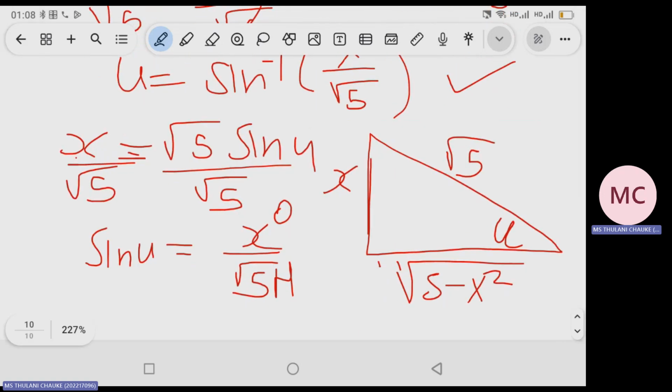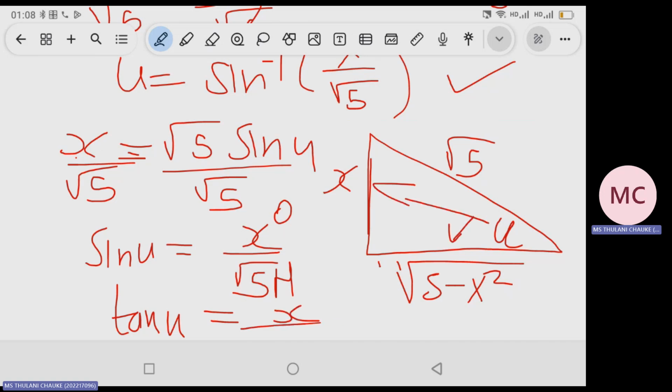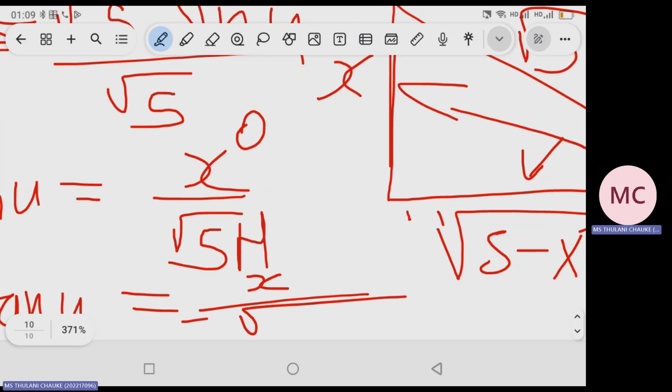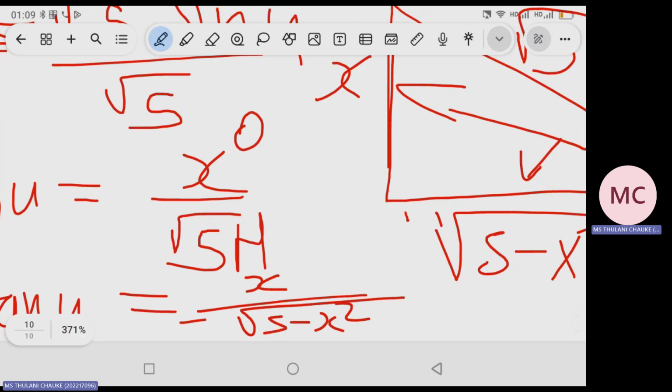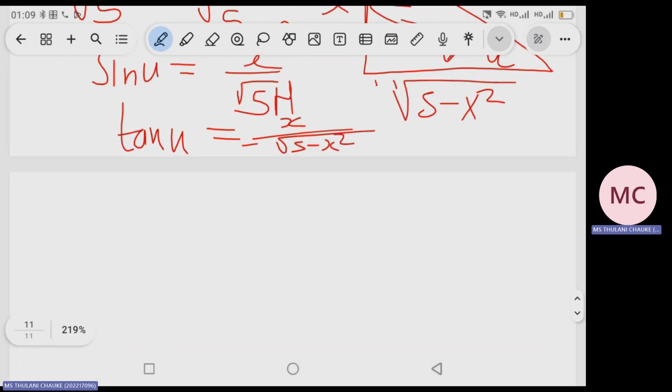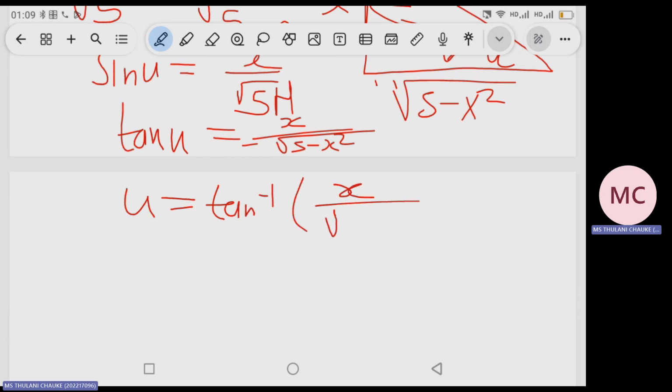So if you want to represent your u in terms of tan, it means tan u will be equal to opposite over adjacent, which will be x over the root of 5 minus x squared, meaning that we could have also said that u will be equal to the arctan of x over the square root of 5 minus x squared.